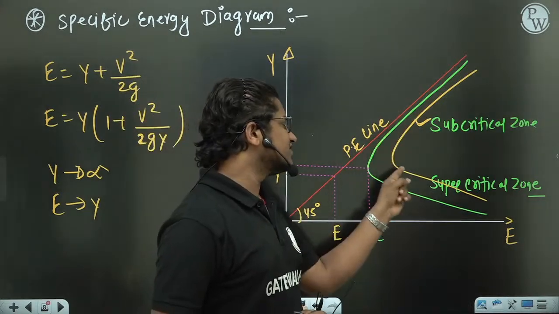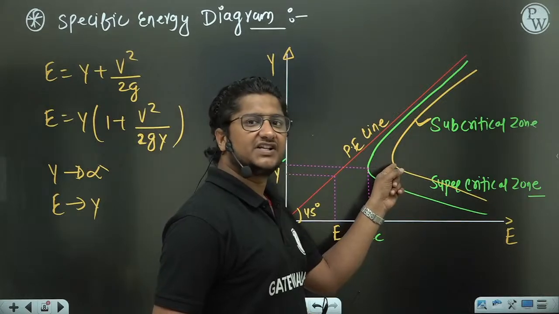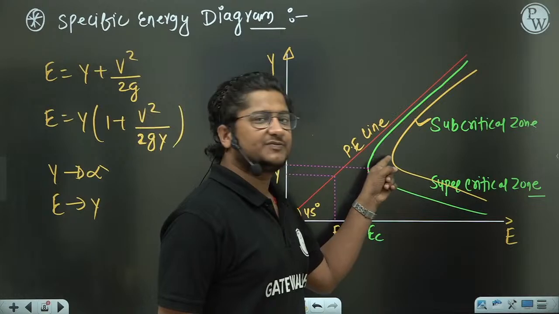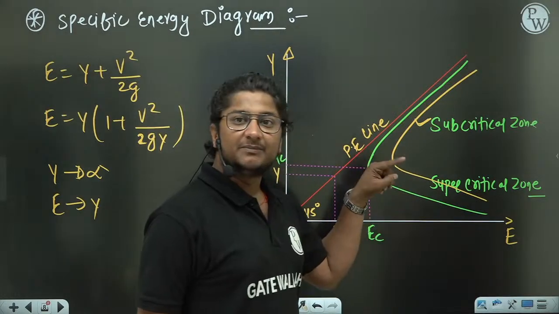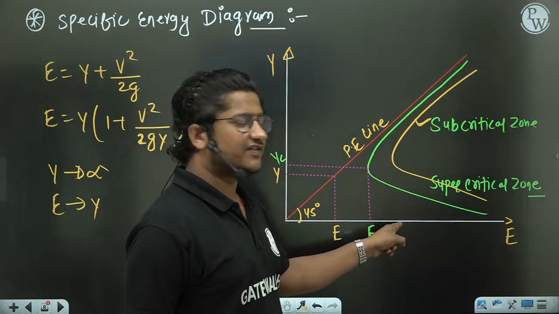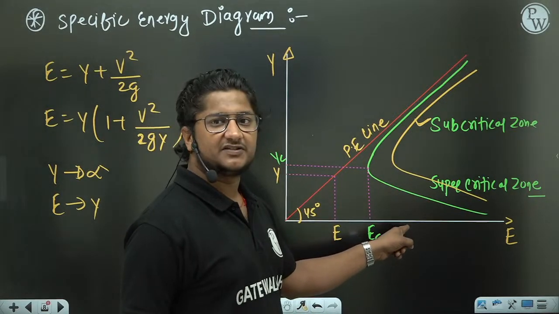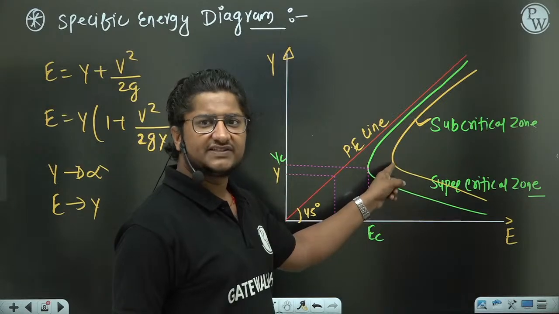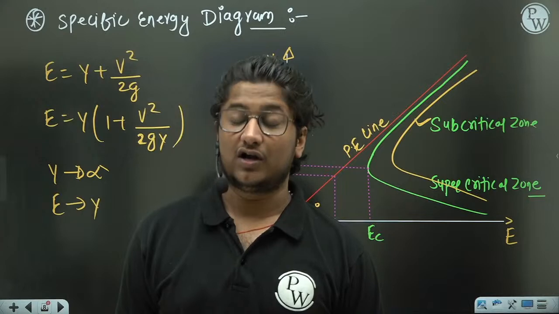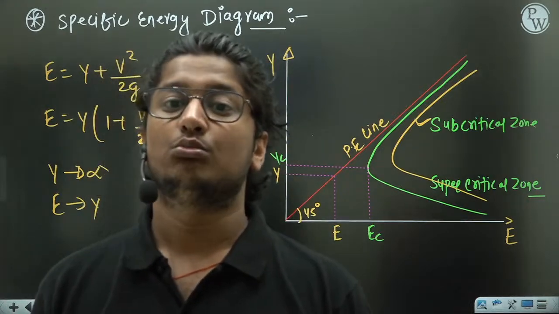Because the minimum specific energy of this yellow curve is more than that of the previous curve. You can see here, if you plot, the minimum specific energy for this yellow curve comes here. So this yellow specific energy curve has more discharge.